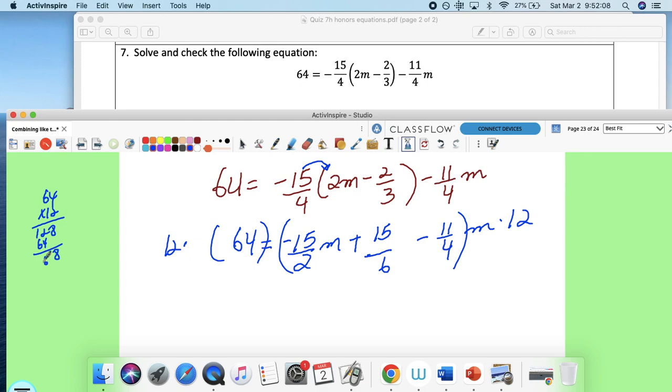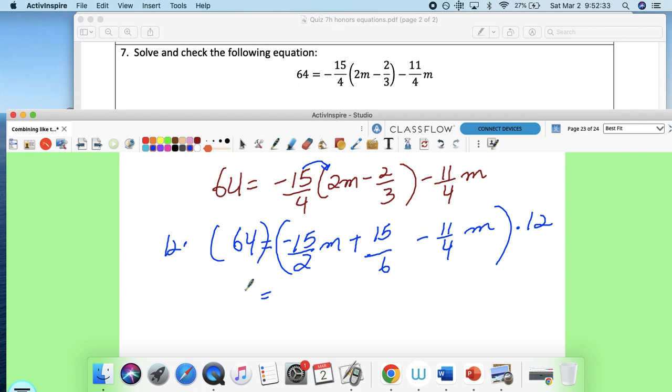That's going to be 768 equals. Sorry, it bothers me that I wrote the parentheses. It should be here, here, and then times 12. Okay, so 12 times 64.